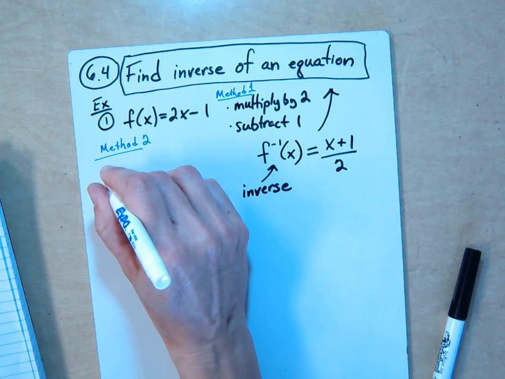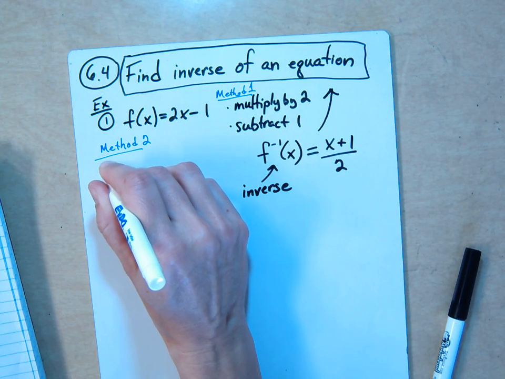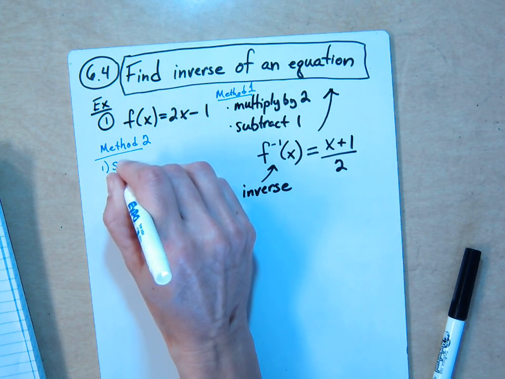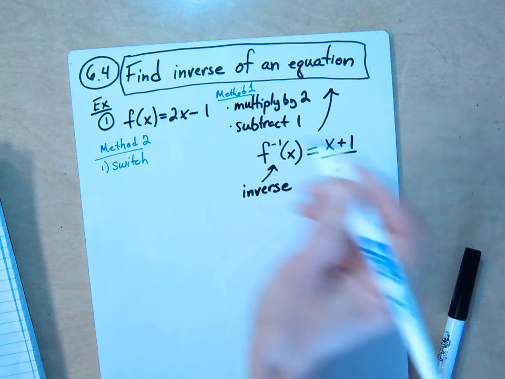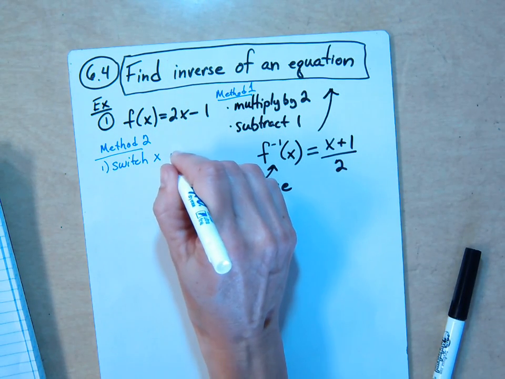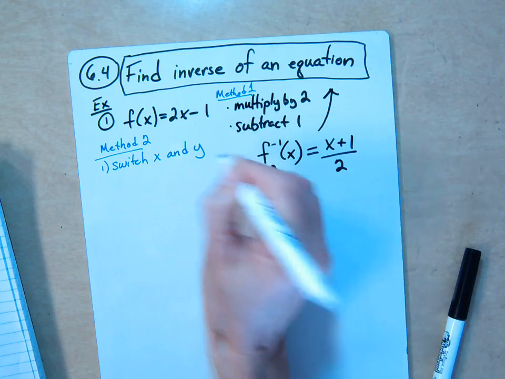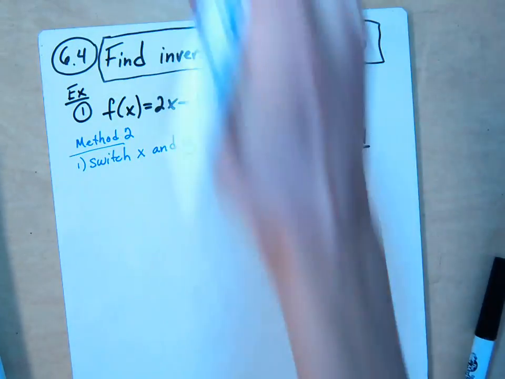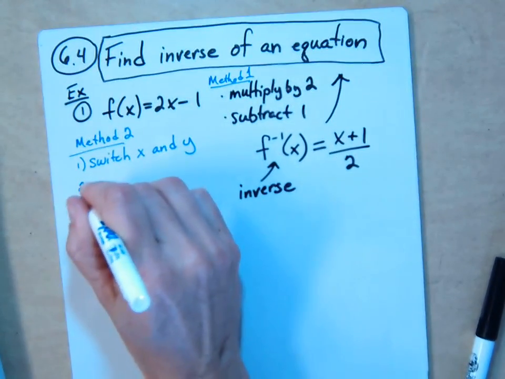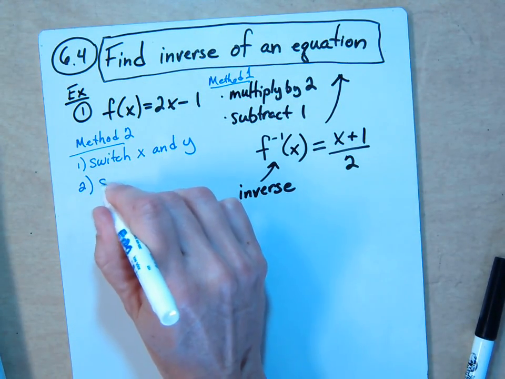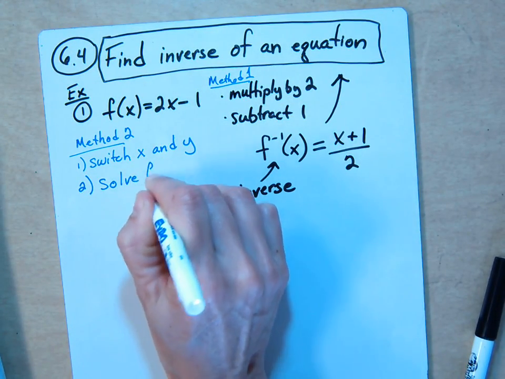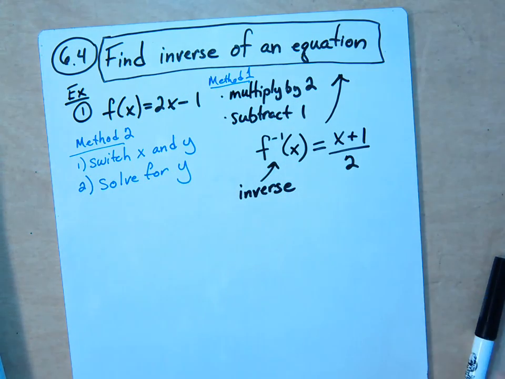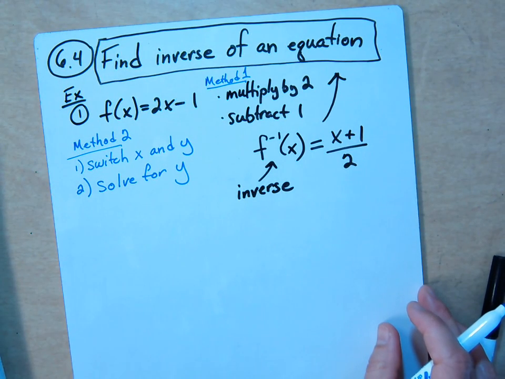What you first do is you switch x and y. You literally swap them. Switch x and y, and then solve for y.